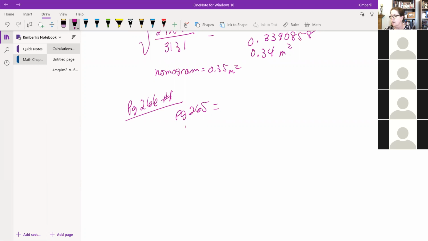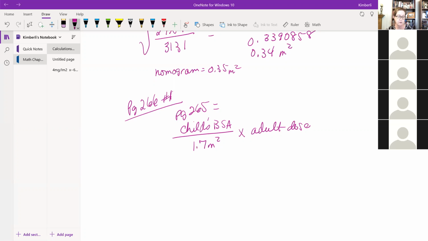So that's the child's body surface area divided by 1.7 square meters, which is the normal adult BSA. And I don't know if I would use normal. I think it was only the average back when they figured this out. But anyway, that's going to be times the adult dose. So going back to page 266, number 1, let's use this formula.